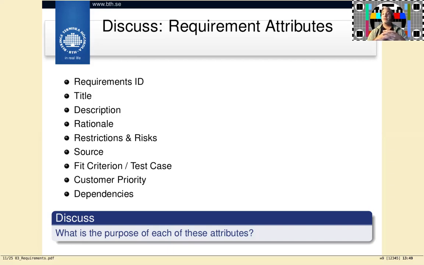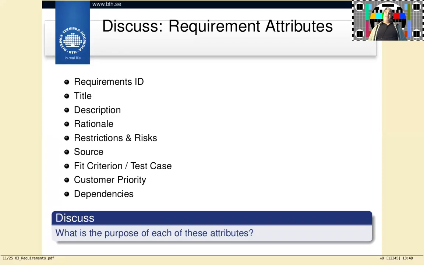Obviously, no one is going to use all of them, and it turned out that of the 30 that were in use in the company that did the study, perhaps 5 were used, and a couple more were sometimes used, but not consistently, so that some fields were used for some requirements, but not for other similar requirements. It was very much up to who wrote a requirement and what that person thought was relevant to specify.